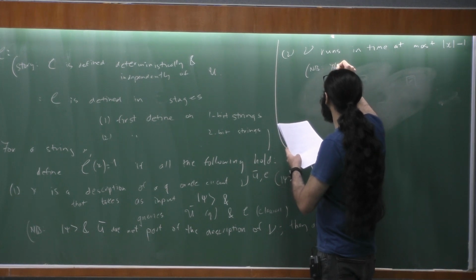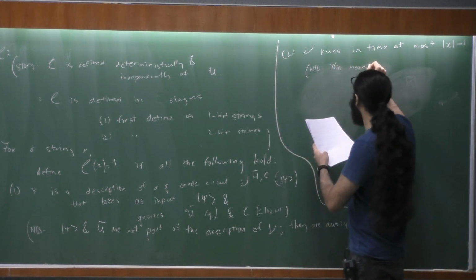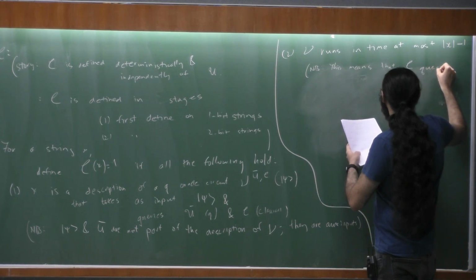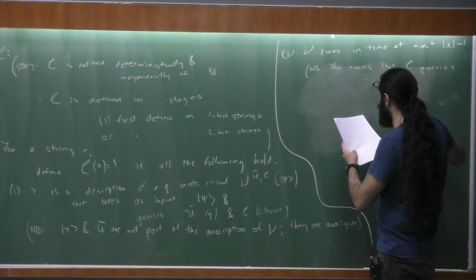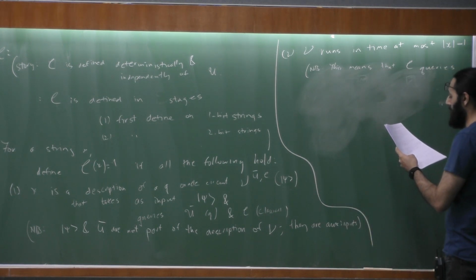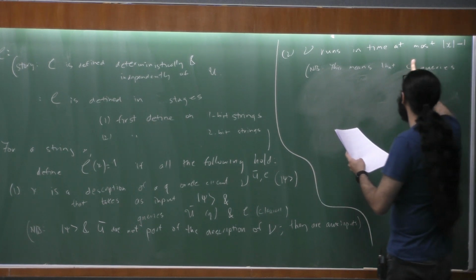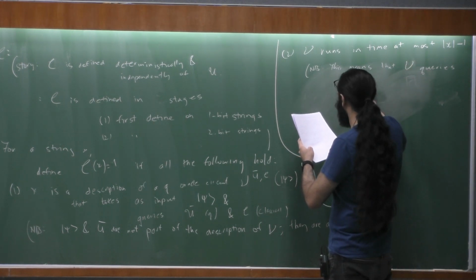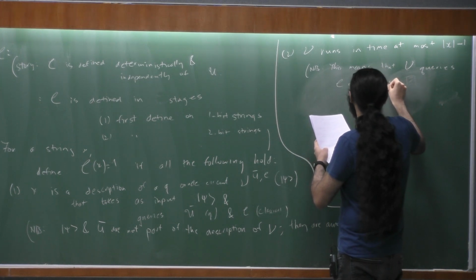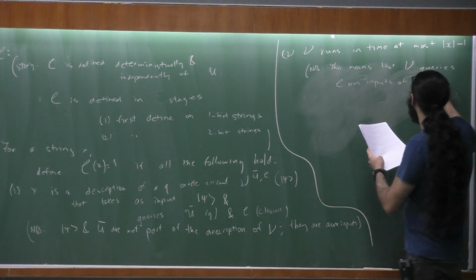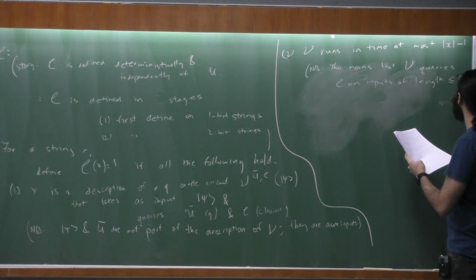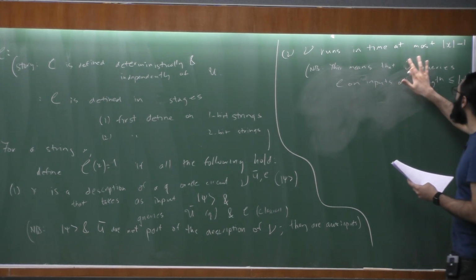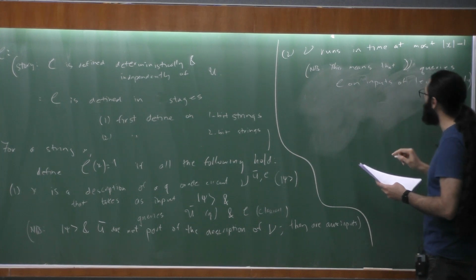So in particular, this means that V queries C on inputs of length at most x minus 1. Oh, V doesn't look like a V. My handwriting is not the best.